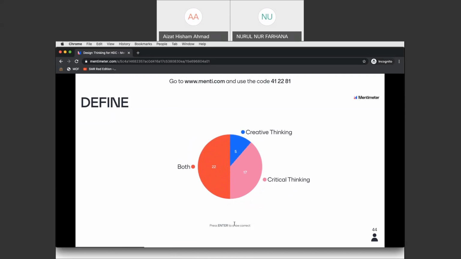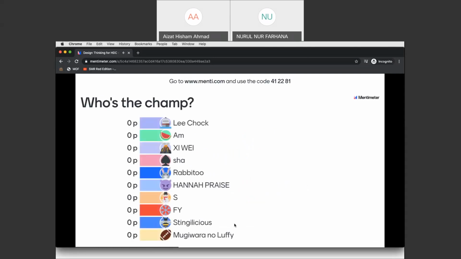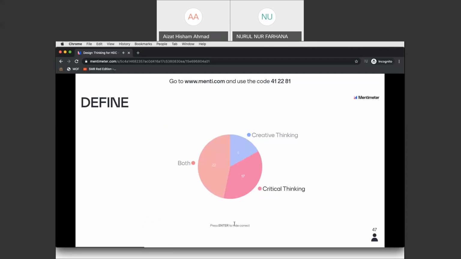In the define phase, which thinking type do you think is involved? Any more responses? No? I'll reveal the answer. Empathize is not just when you want to understand your users, the people, so that involves creative thinking. Define means you are defining the problem in a more structured way. The correct answer is of course critical thinking.